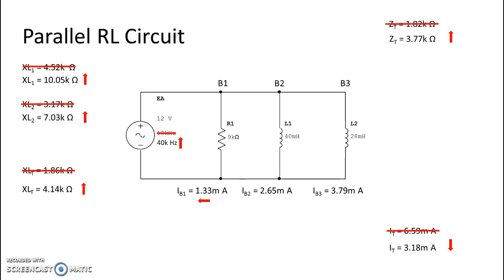So when we look at those, we see that the new current for branch 2, actually, I apologize for that typo there, is 1.19 milliamps, and the new current for branch 3 is 1.71 milliamps. And again, I apologize for the typo. So they both have gone down, just like we suspected that they would.